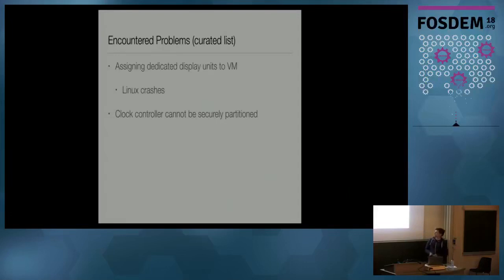The clock controller, which controls clock speeds, sleep states, etc., cannot be securely partitioned in the way it was implemented on this board. What this essentially means is that the different registers for the IP cores on this SoC to control the power states are on the same 4 kilobyte page, and so you cannot assign them securely to different virtual machines.